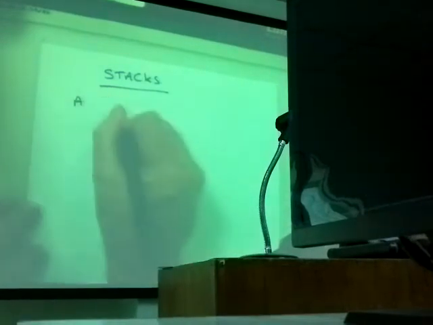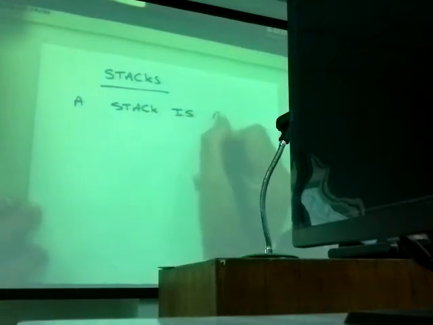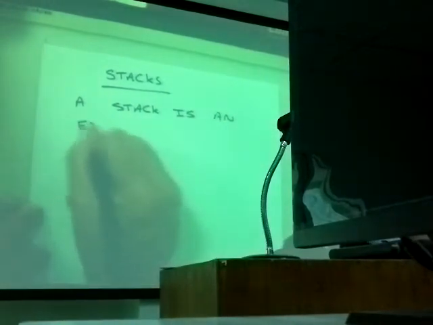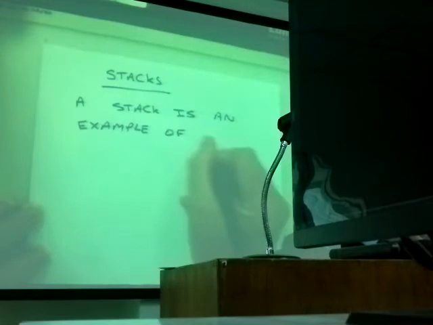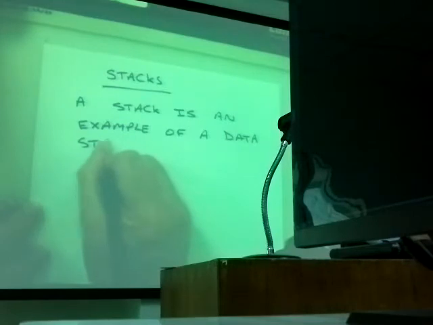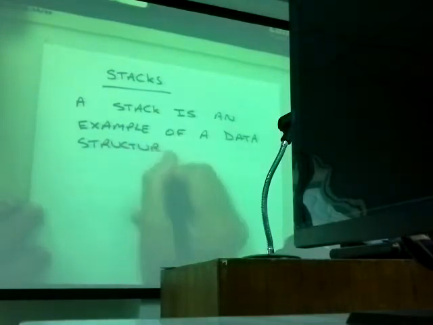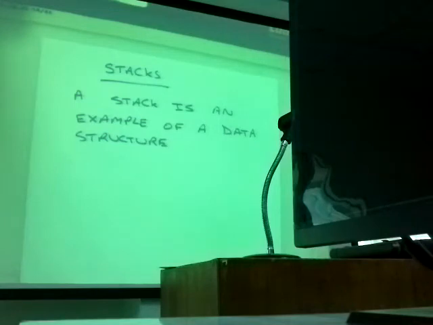And a stack is an example of a data structure. So you are studying data structures. So a stack is an example of a data structure.